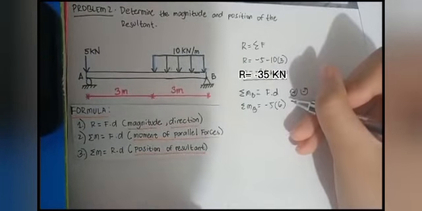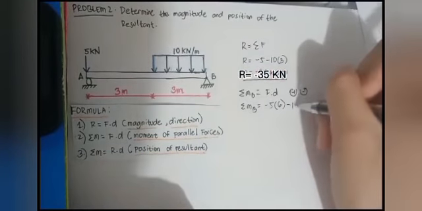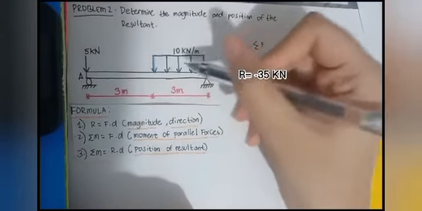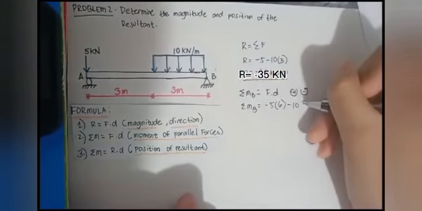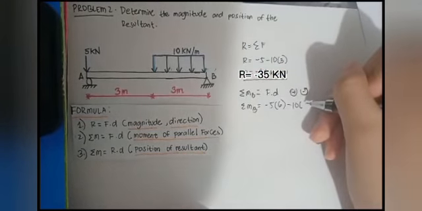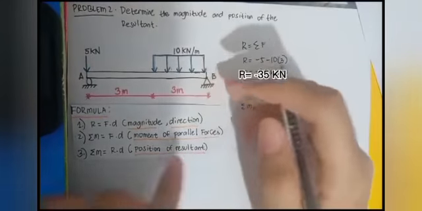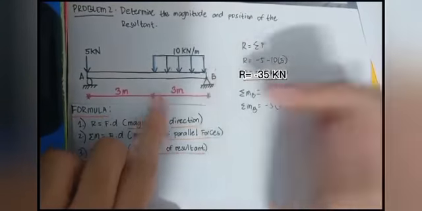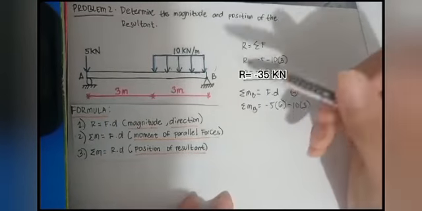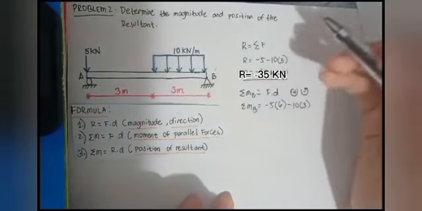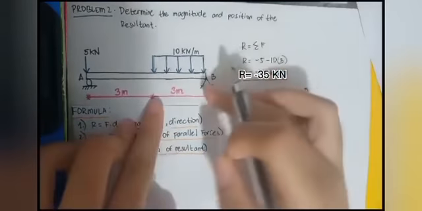Next is here, negative 10. It's negative 10 because the rotation is counterclockwise as well, times 3, or the distance of it. But it is still not the moment arm, because the moment arm of a uniform load is half of its distance.